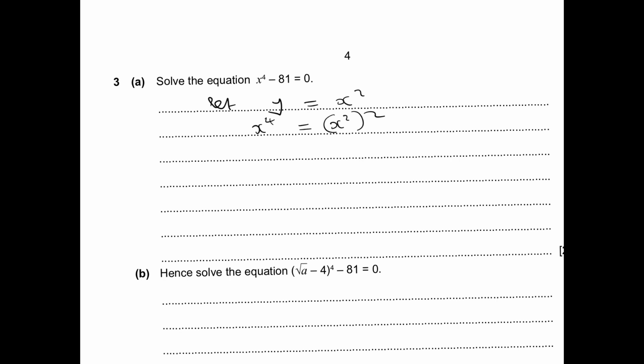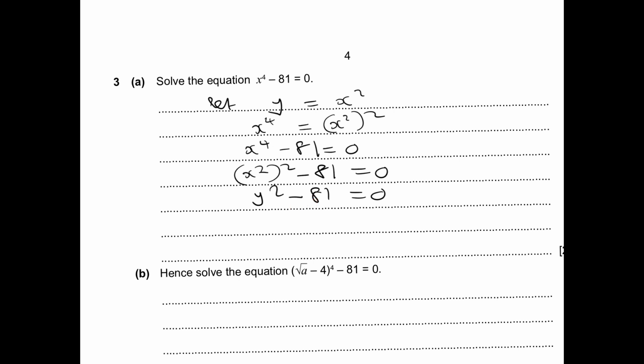So x to the power of 4 minus 81 is equal to 0 becomes x squared in brackets squared minus 81 is equal to 0. So using the substitution of y, we are going to have y squared minus 81 equal to 0.